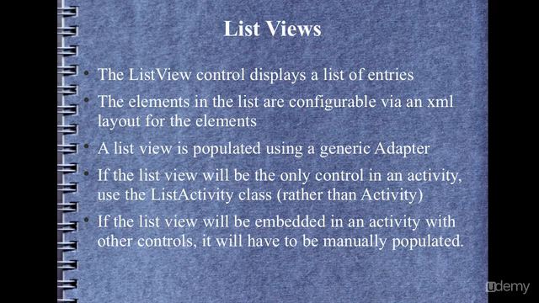If we're going, however, to embed a list view inside an activity with other controls along with it, it has to be manually populated. So there will have to be an activity subclass and then a list view added to that, and then we'll have to have both a layout XML for the activity and a layout XML for each cell in the list.